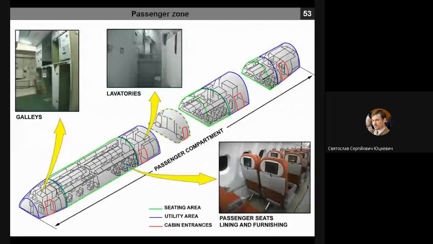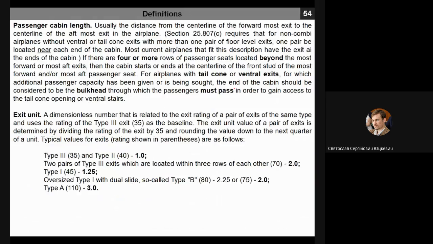Passenger cabin length. Again, it will be determined from the most forward up to the most aft emergency exit, or up to the seat most aft or most forward seat in your cabin. And if you have tail cone or ventral exit, there will be also a boundary for your passenger cabin length.